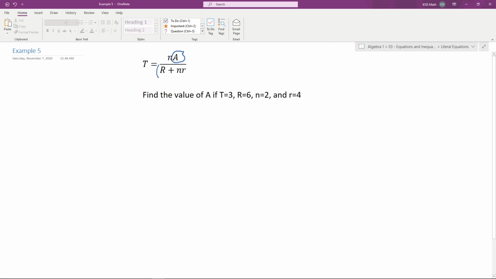So I need to multiply both sides by capital R plus n, lowercase r. So the capitalization matters. Capital R and lowercase r are two different values, so you have to treat them like two different numbers. So anyway, we multiplied both sides by capital R plus nr, so I have to also do it on this side, right?